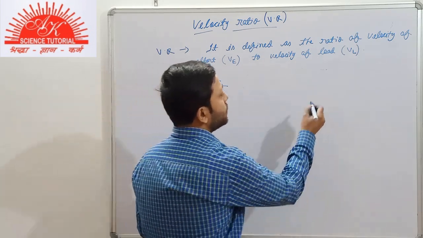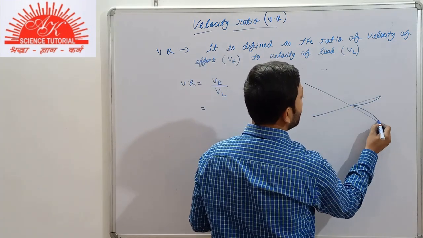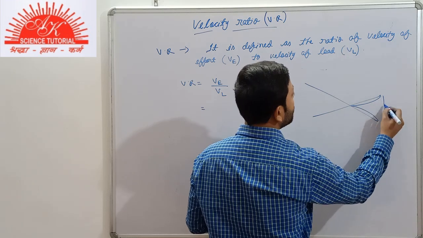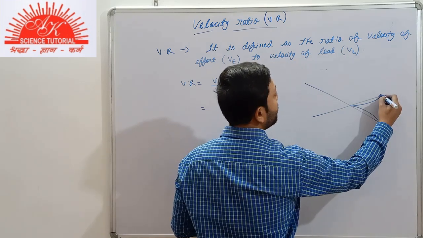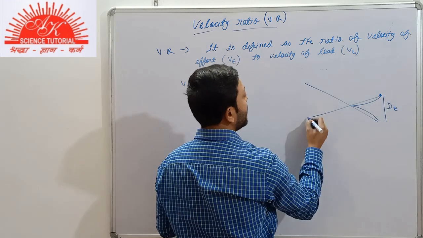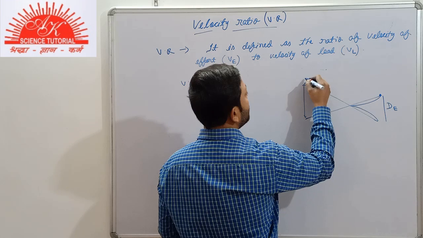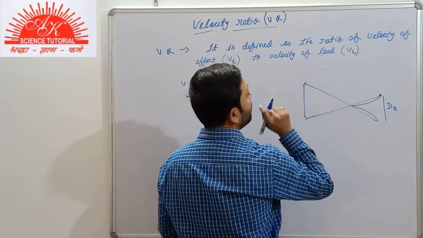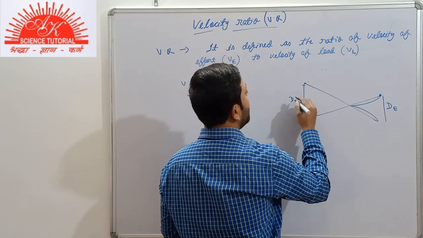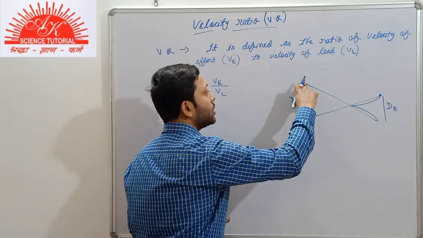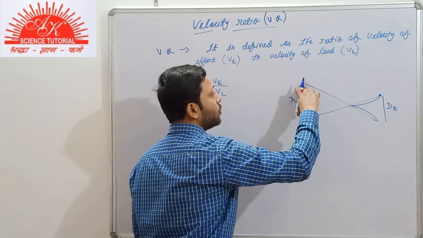As I told you with the example of the scissor, this was our DE, the displacement of point of application of effort, and this part was our point of application of load, and that is why DL was the displacement of point of application of load.